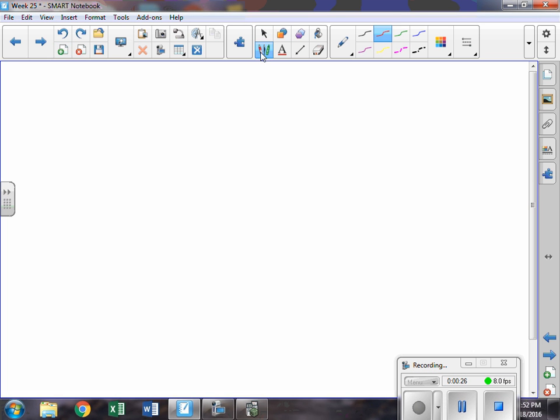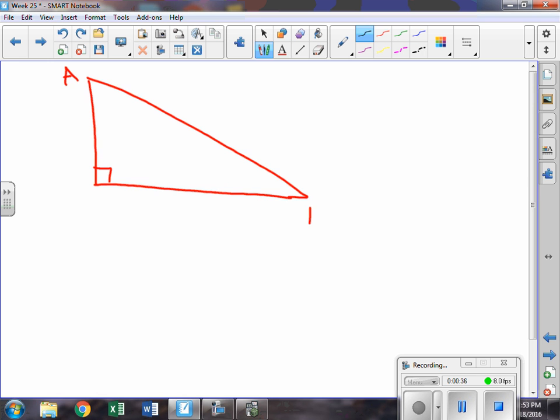Before we launch into that, I'd like to do a quick review over what we had in class yesterday. We had problems that looked similar to this: a right triangle and a similar right triangle.